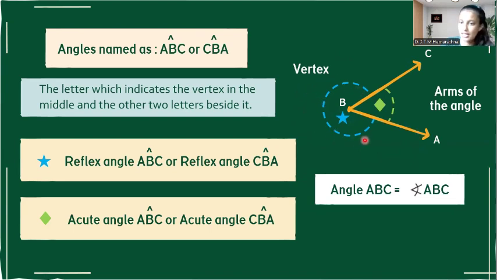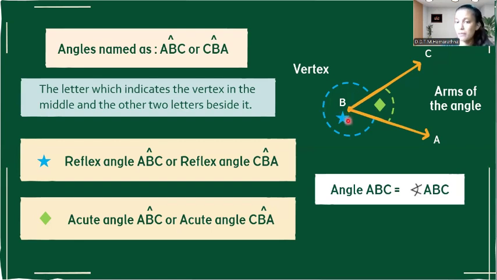Starting from A, in the middle B and ending at C, the reflex angle ABC. Or we can start from C, CBA. Reflex angle CBA or reflex angle ABC, both are the same. We can name it both ways. Keep in mind ABC angle or CBA.